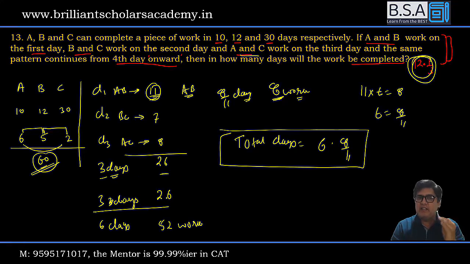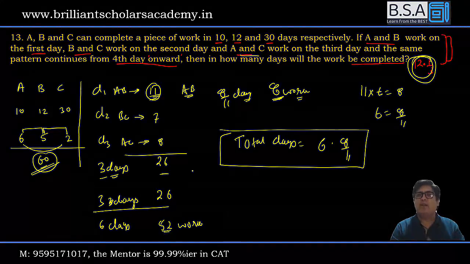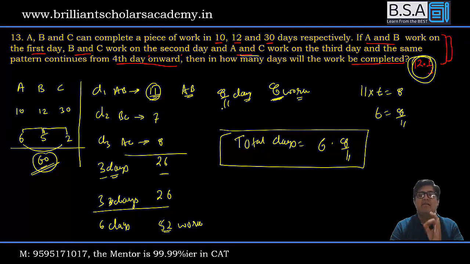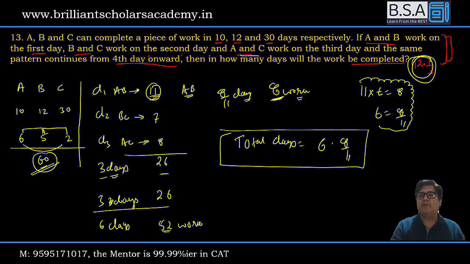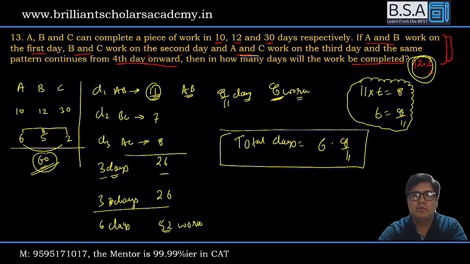Another 3 days, 26 units of work is done. 6 days, 52 units of work is done. So remaining work now is 8. A and B will not need an entire day. So at the end, you have to work with individuals in this manner. Copy this and comment done. Any doubts? Comment doubt. I'll repeat the whole process.